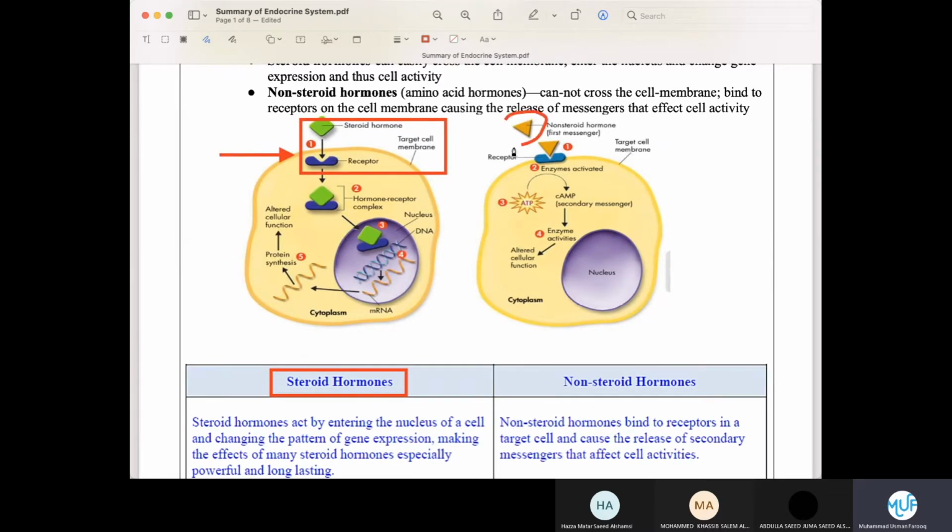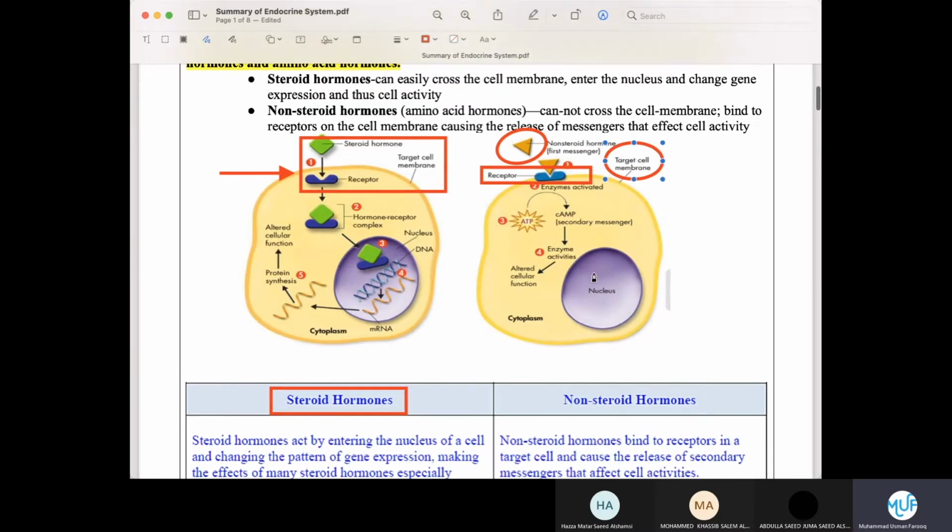A non-steroid hormone must have a receptor in the cell membrane. If there is no receptor in the target cell membrane, the hormone cannot cross through the cell. This is the main difference that you must know.